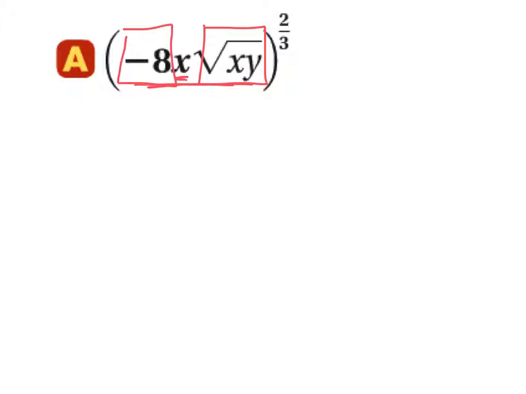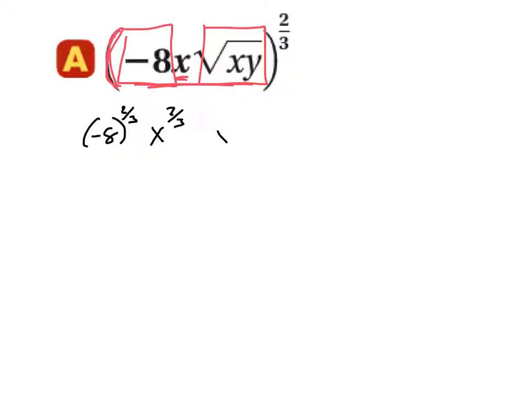So in rewriting this, I now have (-8) to the 2/3 power. Why did I put that in parentheses? What do you think? Because it's negative. The negative has to go along for the ride, right? The negative was inside the parentheses at the beginning, so it still has to be inside the parentheses. Okay, the negative is also being raised to that 2/3 power. Times x to the 2/3 power times, now wait a minute, I don't want to deal with radicals. I want rational exponents.